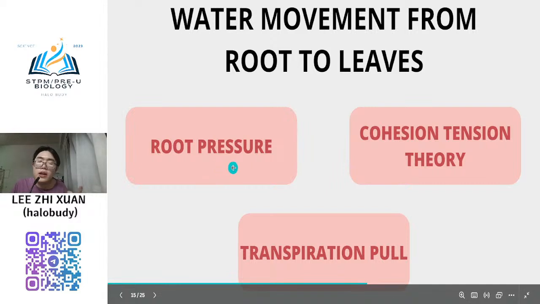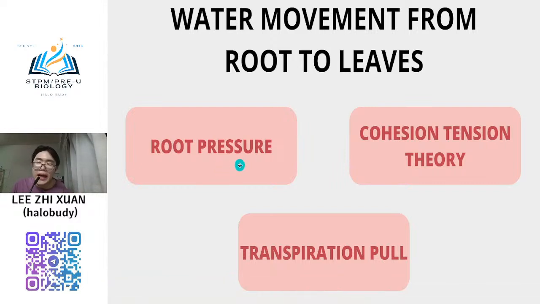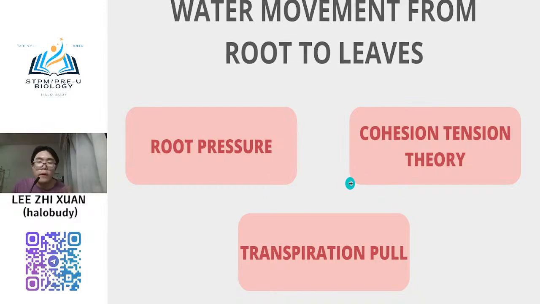Root pressure is the water being pushed from the root to the leaf. This is the difference: root pressure is a pushing force, transpiration pull is a pulling force. This is the key difference between these two.